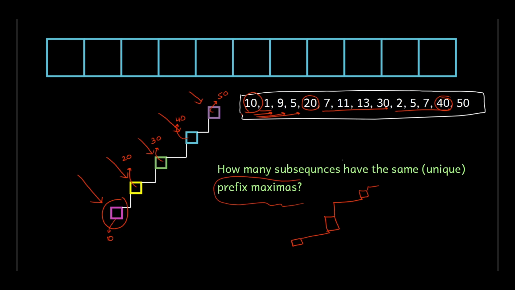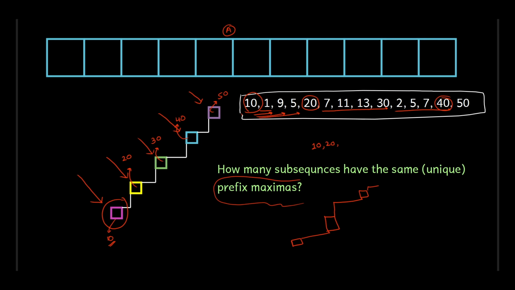Let's define a new sequence for a given array A. So this is the array. You define a new sequence that contains all the first occurrences of the prefix maxima, which will of course be sorted, as you can see. So this is the unique prefix maxima.